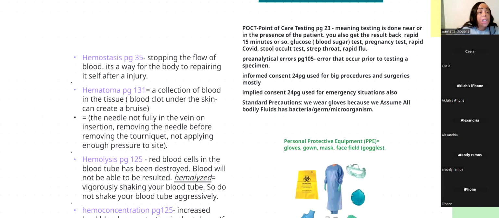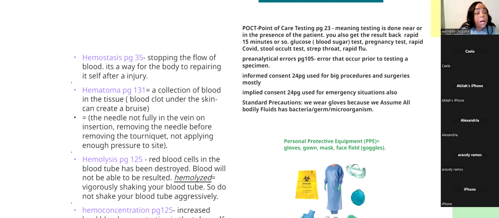Next word, hematoma. You probably remember that on the video we saw this weekend when we learned how to insert our needle with the angle and those type of things. On page 131, it explains hematoma. In my way of explaining it, a hematoma is a collection of blood in the tissue.